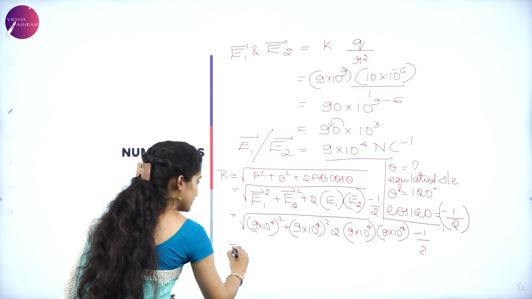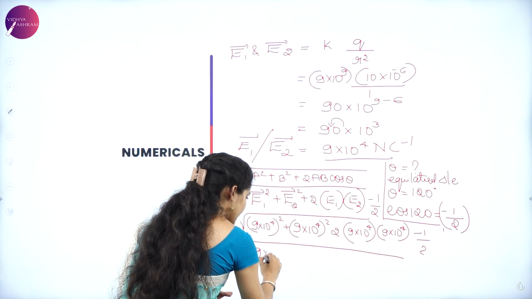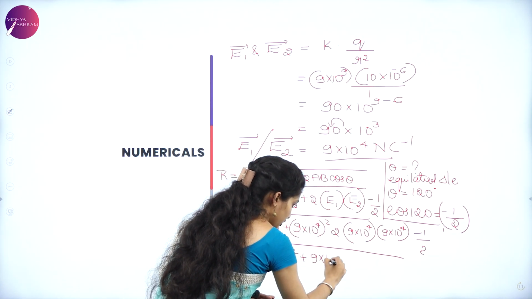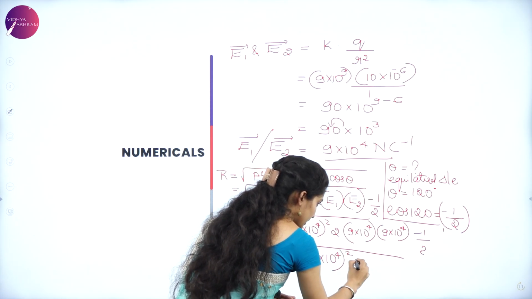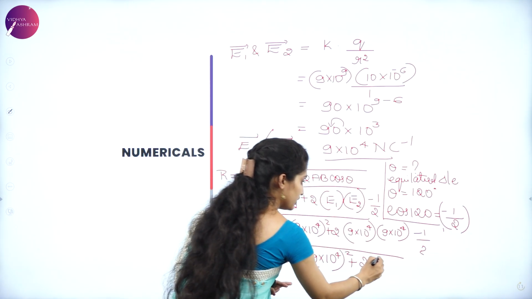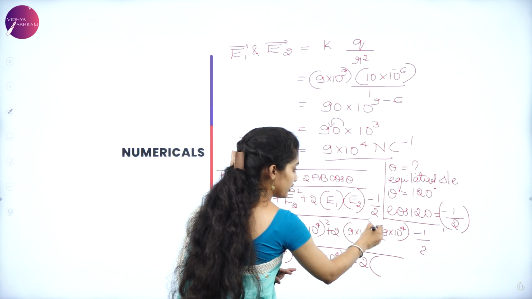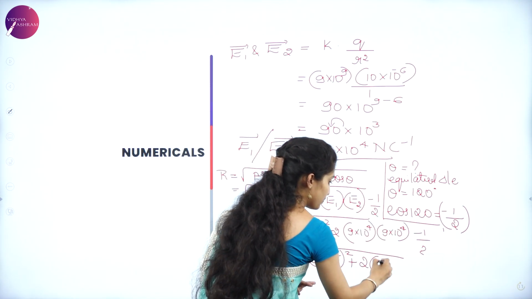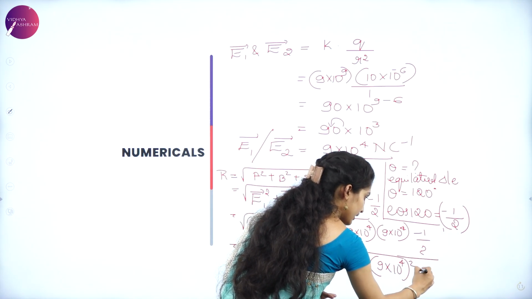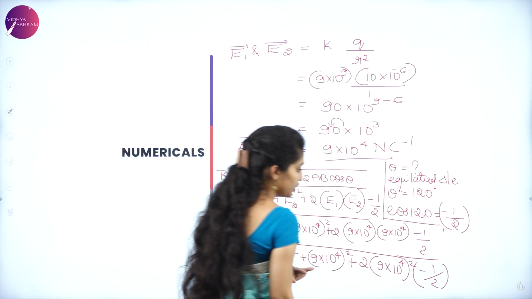I'll rewrite this: 9 into 10 to the power of 4 the whole square plus 9 into 10 to the power of 4 the whole square and here it is plus 2 into 9 into 10 to the power of 4 and into 9 into 10 to the power of 4, I can just write this as 4 the whole square and into 1 by 2.